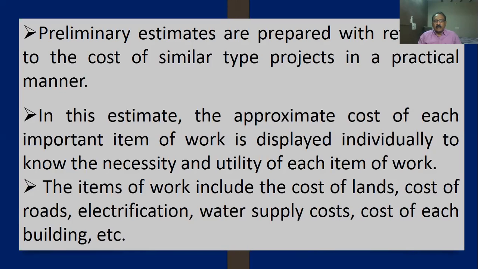The items of work include the cost of land, cost of roads, electrification, water supply, and cost of each building. So these all come under the preliminary estimation.